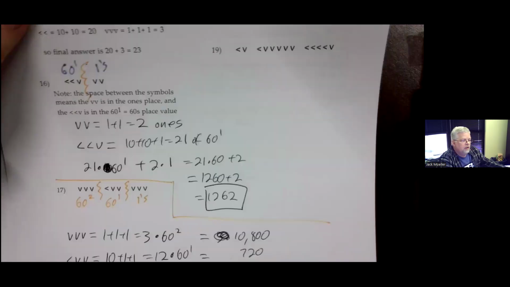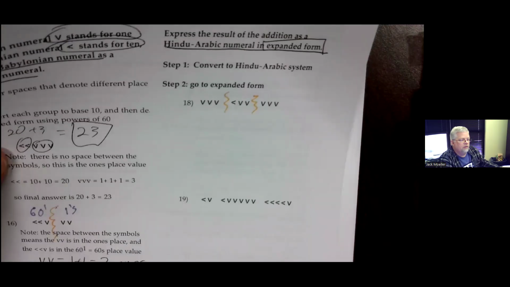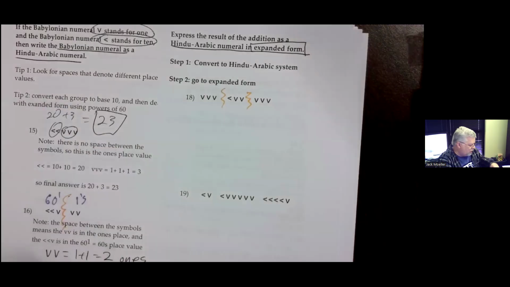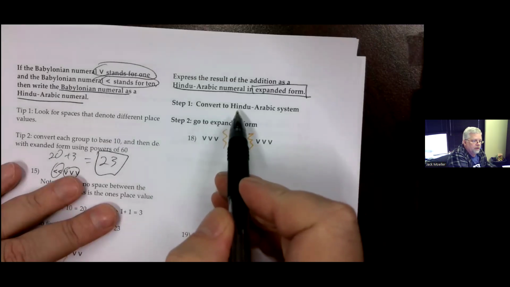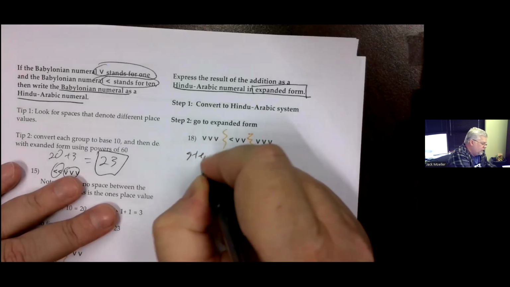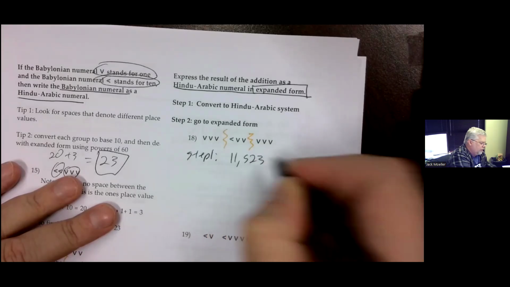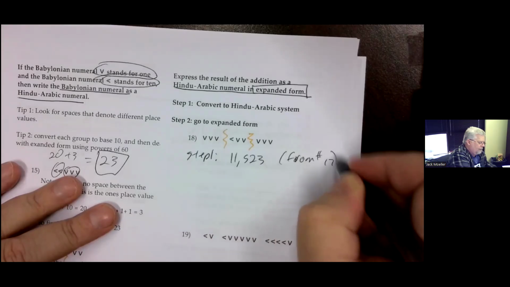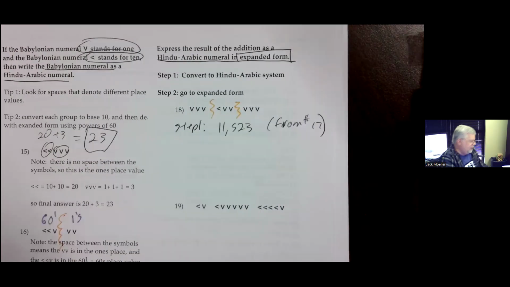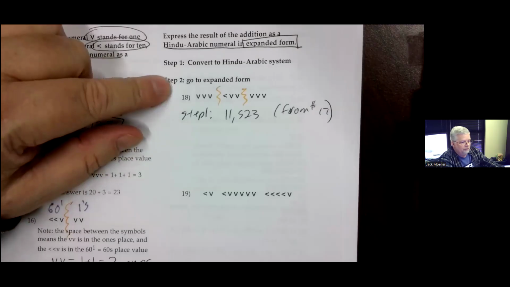So VVV, VVV, less than VV, and then 3 V's. So since we've done step one, converting to the Hindu Arabic system, that was number 17. We already know that's 11,523. So I cheated. Okay. So we have to do step two now, go to expanded form.